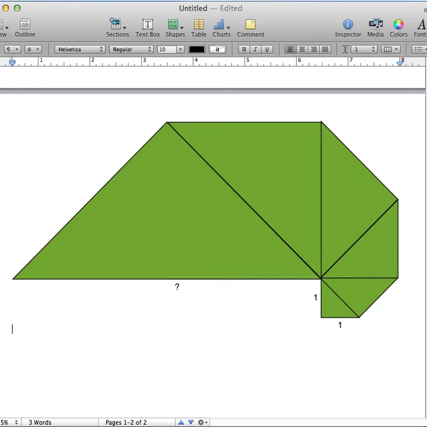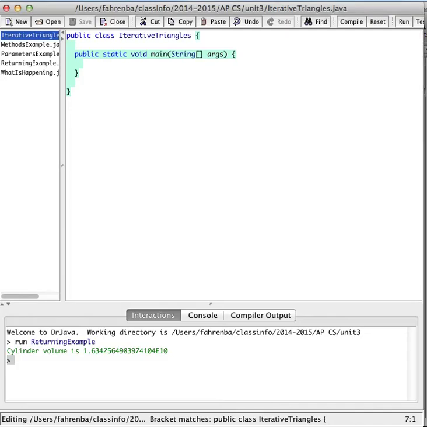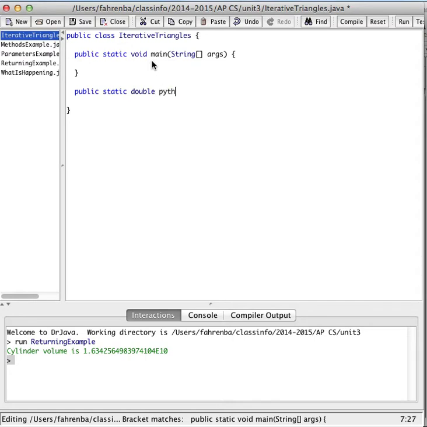To do that, we're going to need to utilize a Pythagorean theorem function, which we sort of wrote before, but we're now going to write using returning that we didn't have before. Because this method needs to have a result that we don't need to display, we should make this type double, and then we'll call this the Pythagorean theorem method again. And I believe we need two parameters for the legs.